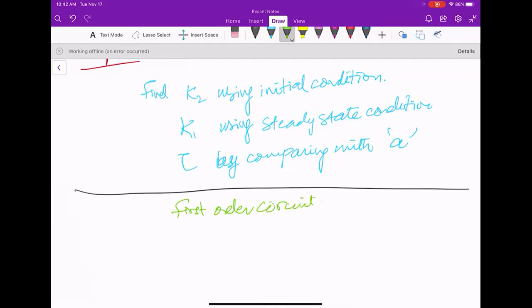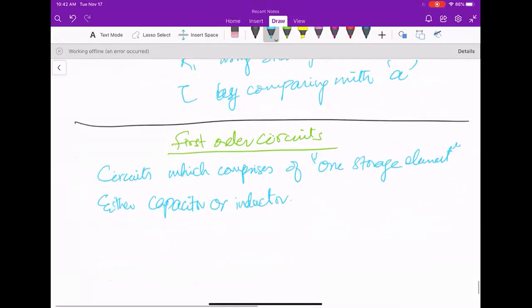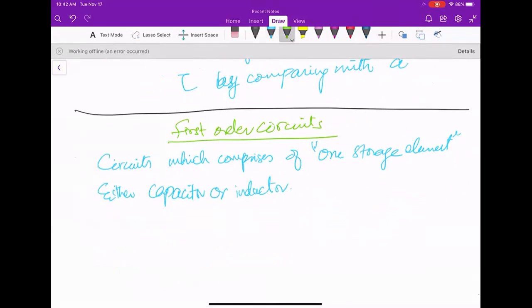So we were doing first order circuits. So first order circuits are circuits which comprise one storage element, either a capacitor or an inductor. So automatically, you know what is your second order circuit.